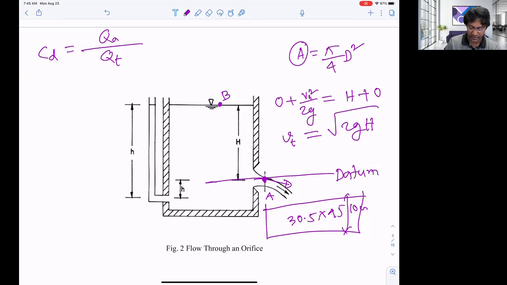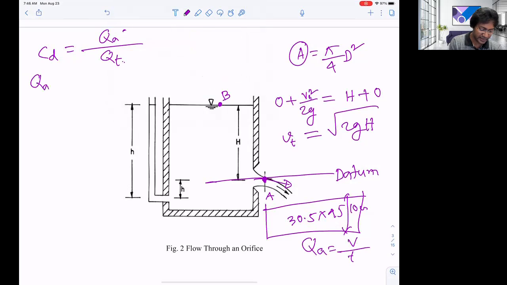And then we can calculate QA as before, volume of water divided by T. So actually we can calculate that flow rate, and theoretically we can calculate that flow rate, and we'll have the coefficient of discharge, and we can see the efficiency. It should definitely be less than 1.